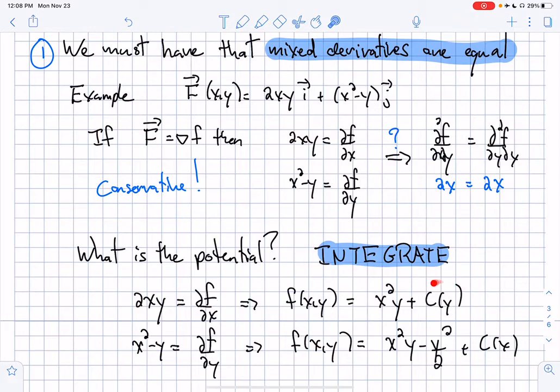When I take the derivative with respect to x, this would go to 0. So I can check that the partial derivative in x of this is actually the right thing. Now I can also integrate the y derivative in y, and I get x squared y minus y squared over 2 plus a function of x, which would go to 0 when I take the y derivative.